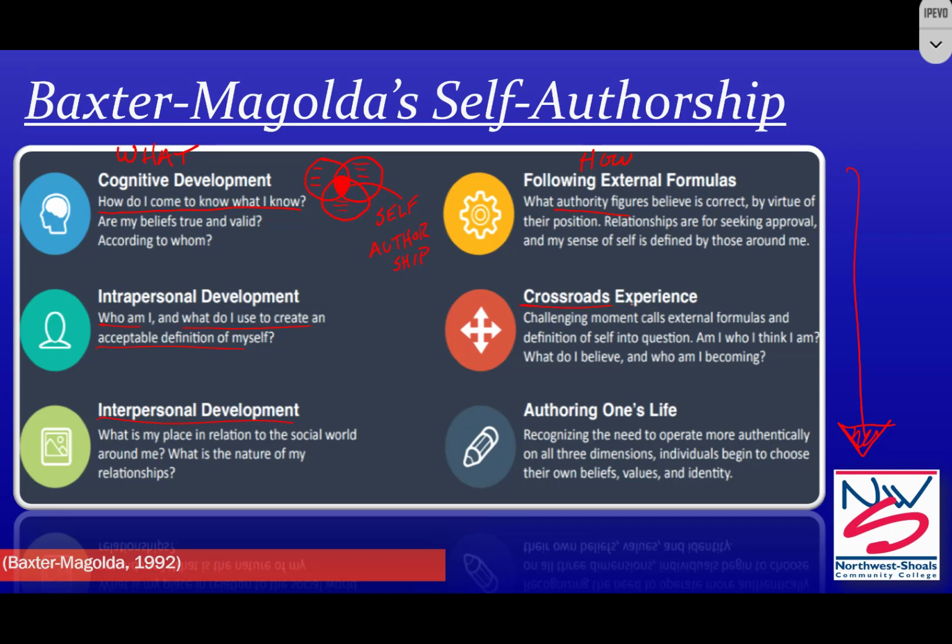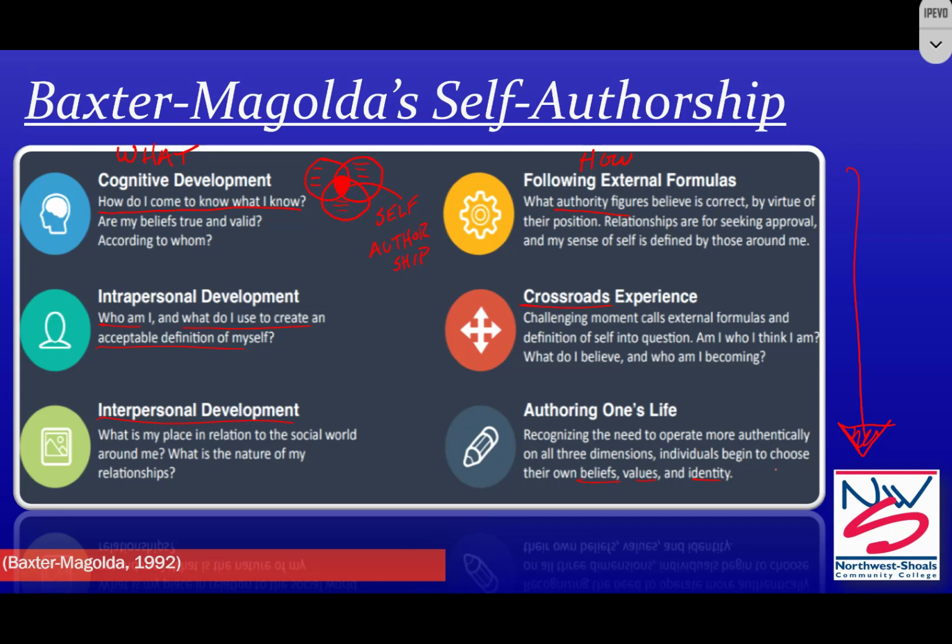And then we get to the point where we're able to be the author of our own lives, right? And we're able to decide for ourselves who we are on our own, and decide what kind of people we want to have relationships with, and how we want those relationships to go. And we know what our beliefs are, and what our values are, and who we are as people.